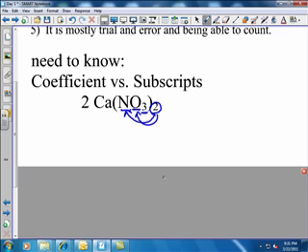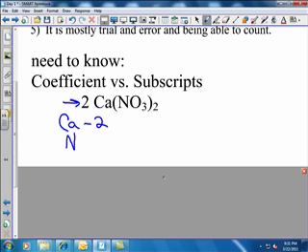So if I were to take this and ask you, including this 2 in front, how many calciums are present in this, the answer to that would be 2. But if I asked you how many nitrogens are present, what is the answer? And that answer is 4. This 2 means I have 2 of those, and that 2 means I have 2 more.